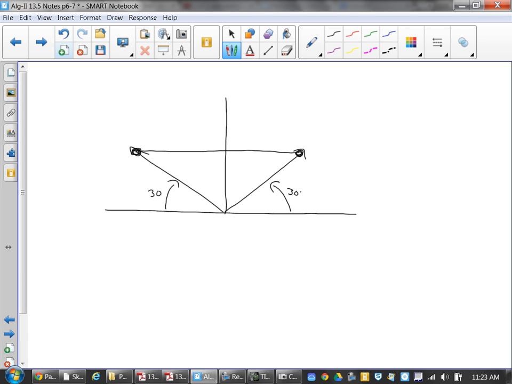Their endpoints would be at the same horizontal position. Do you agree on that? Now, if they're in the same horizontal position, think in terms of x's and y's, which value is the same for both of them? The y value.